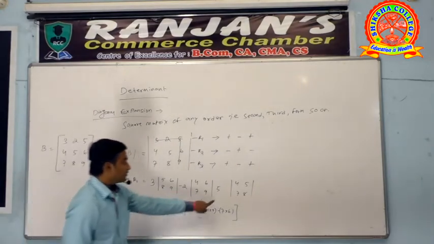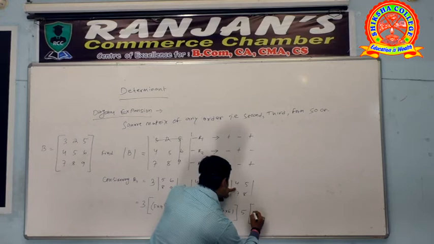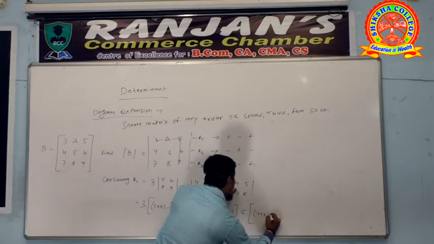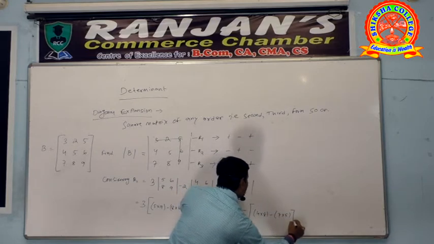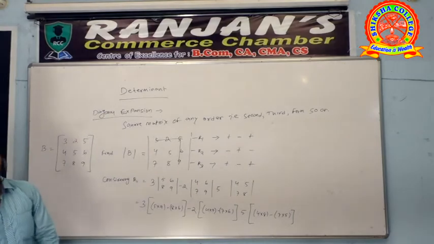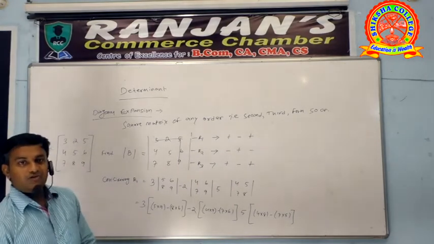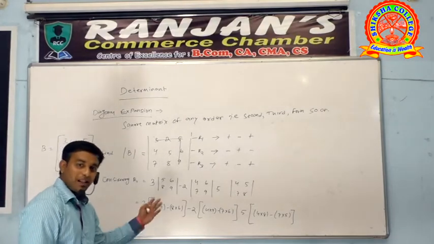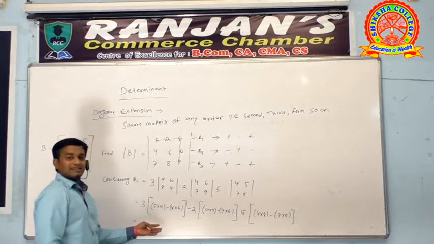Then plus 5 into 4 into 8 minus 7 into 5. Clear students? Now simply we do a simple algebraic operation, that is multiplication, addition and subtraction.